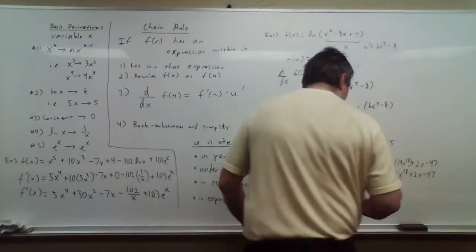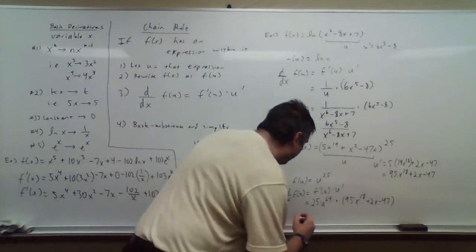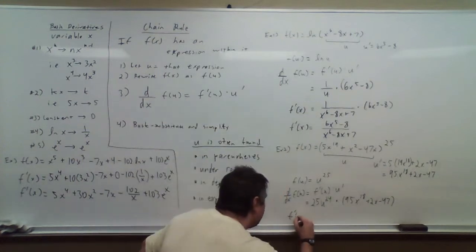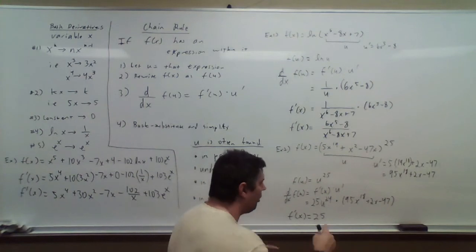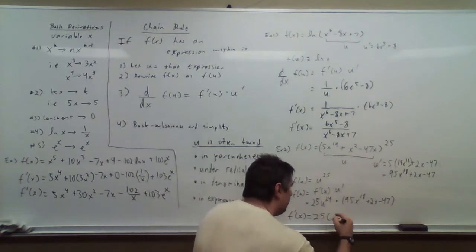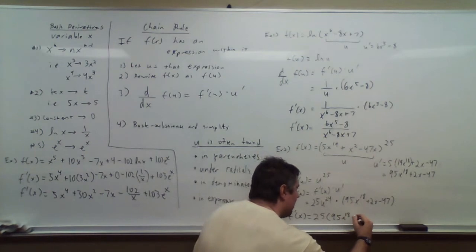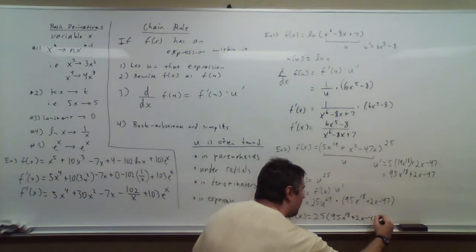So I'm going to write this fairly small. F prime of x will have to equal 25. I'll go ahead and put this over here: 95x to the 18th plus 2x minus 47.